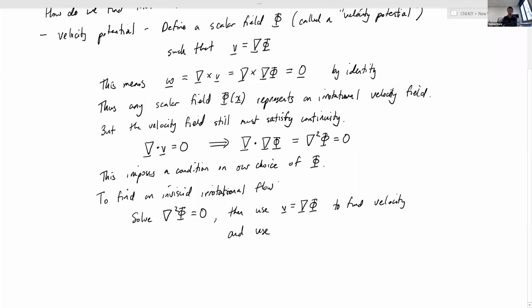And we can use that equals a constant to find pressure. Okay, and again, this is called the Bernoulli equation, right? And so that's basically the game.